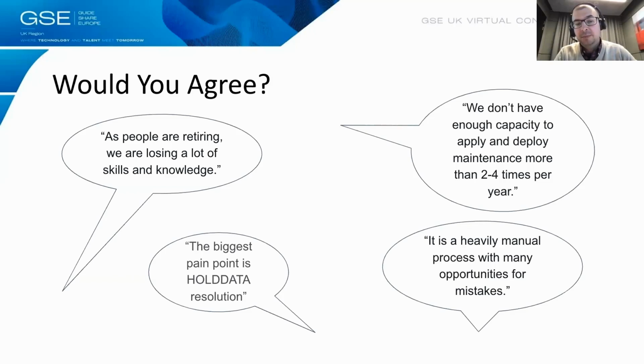One of the biggest pain points that we are hearing, and I must say it's an internal issue as well, is whole data resolution. I will be talking about this at the end of this session, but internally we have a lot of work to do to make our whole data good enough for humans, and of course also from the automation perspective.